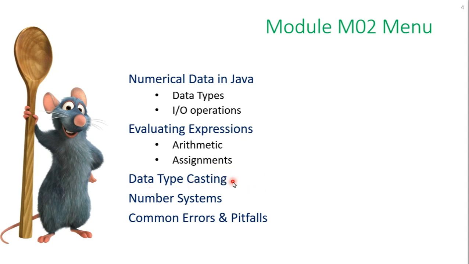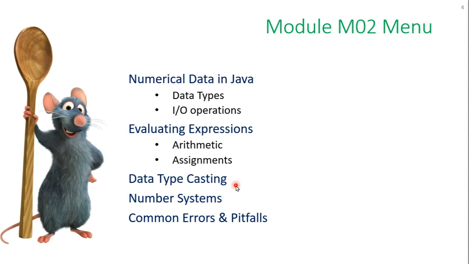Data type casting, this is going to be the big topic for this module. Okay, this is new. This is how to convert a value from one data type to the other. Do you remember the example that we took when I told you in programming, it's not just about values, it's about values and their data type.